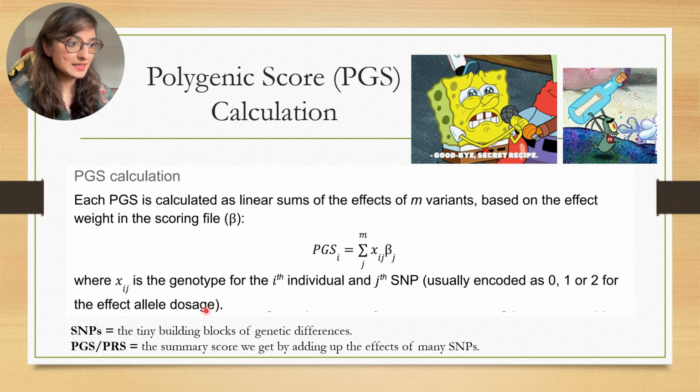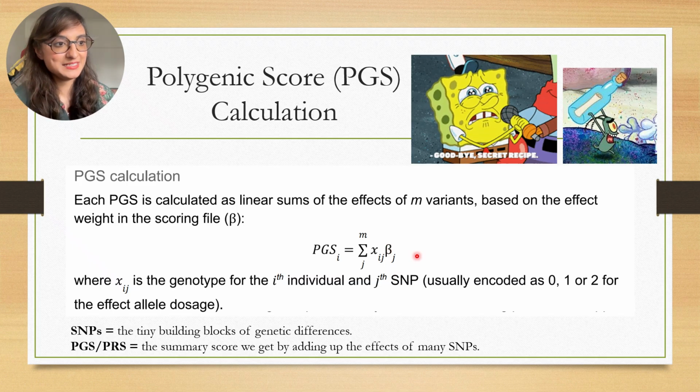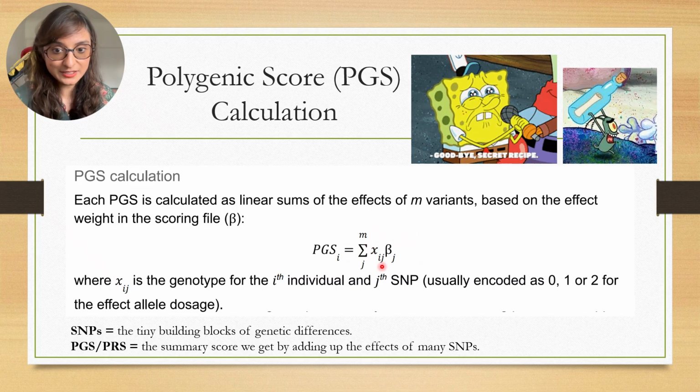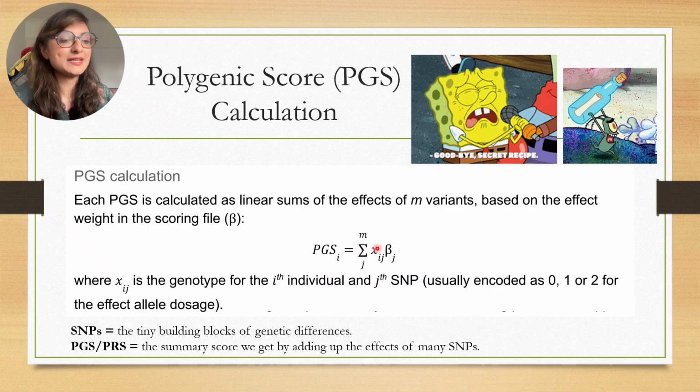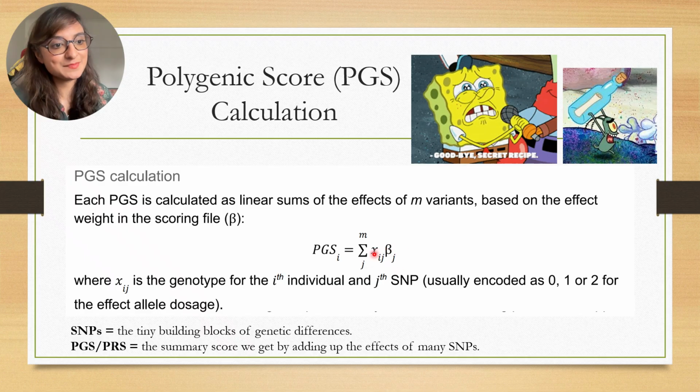Basically, beta is the effect size of that SNP from a genome-wide association study analysis. So for those risk SNPs, you find out if the individual has that genotype for that risk SNP, and you sum across the risk SNPs and how much each SNP is supposed to contribute to the disease.